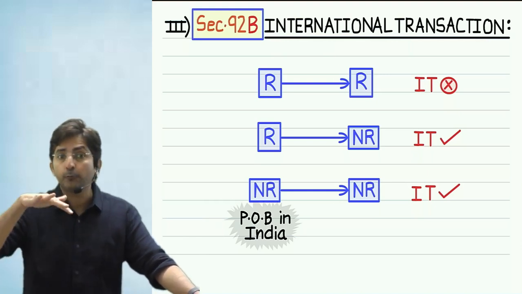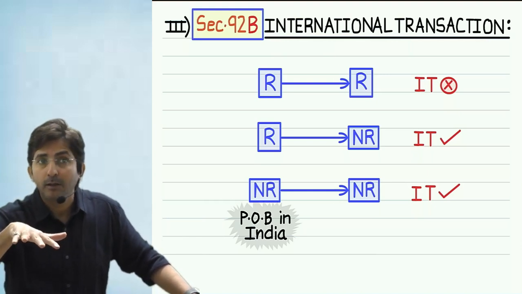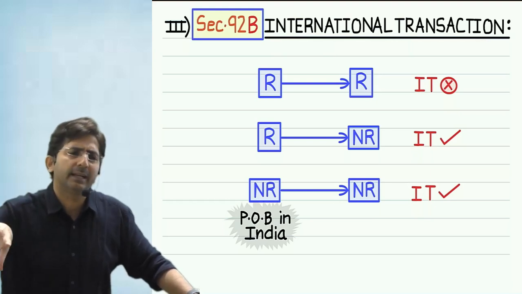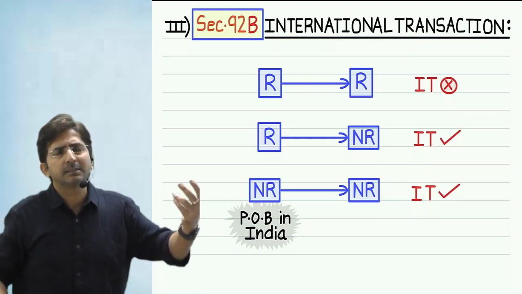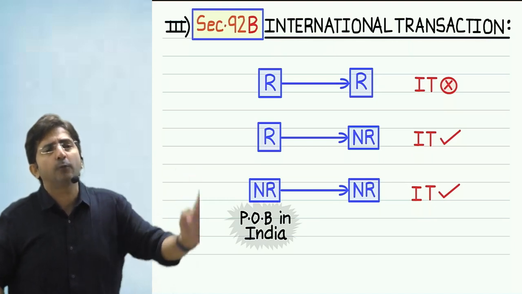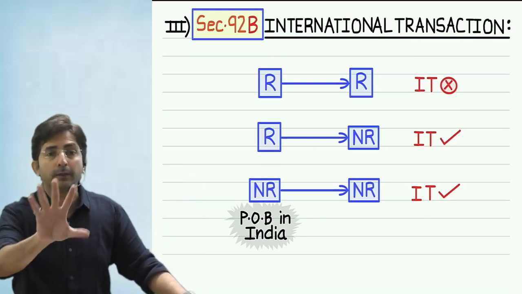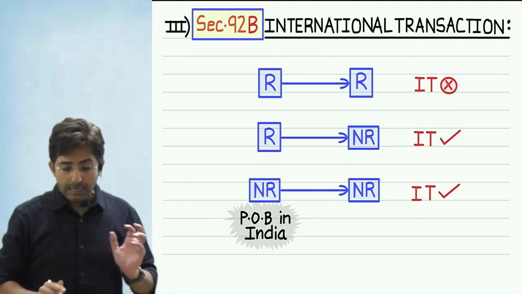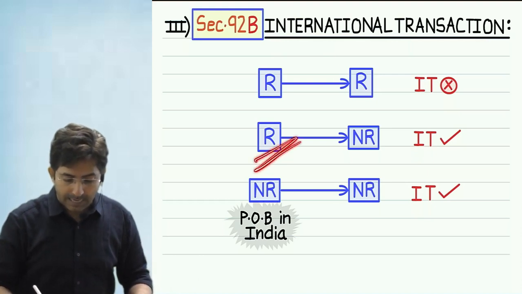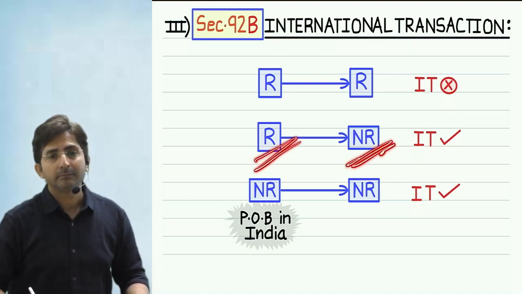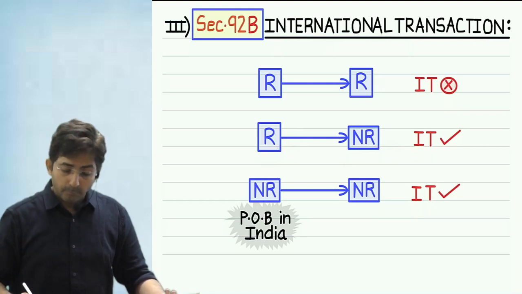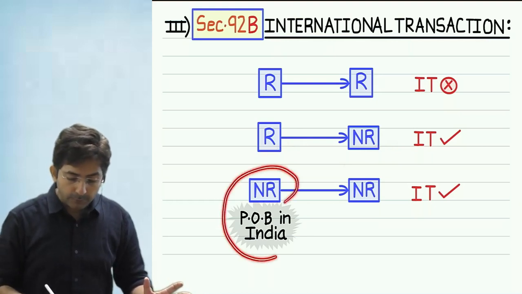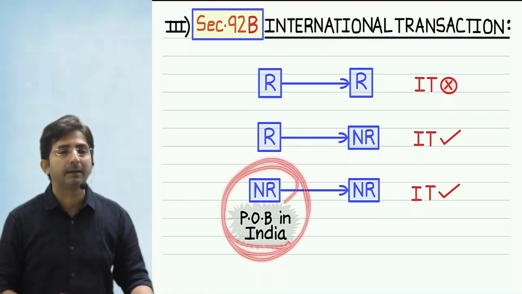But see, this is an informal way to say, what? One party is liable to pay tax in India, the other is liable to pay tax in foreign. This is the informal way. The proper way to say is, either one party is R, the other is NR, or both are NR, but one of which should have a place of business in India.